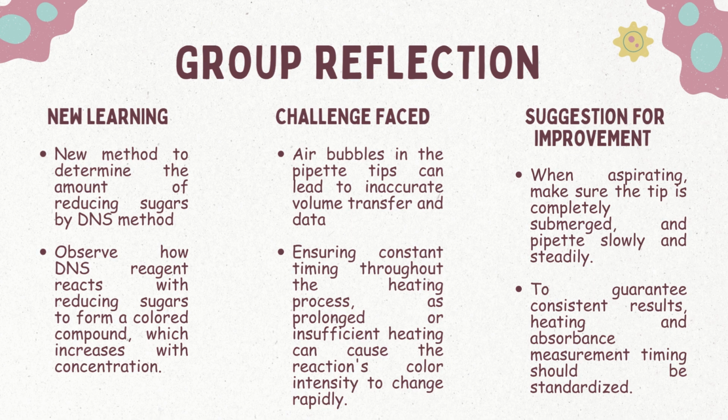The first one, air bubbles in the pipette tips can lead to inaccurate volume transfer and data. And the second one, ensuring constant timing throughout the heating process, as prolonged or insufficient heating can cause the reaction color intensity to change rapidly.